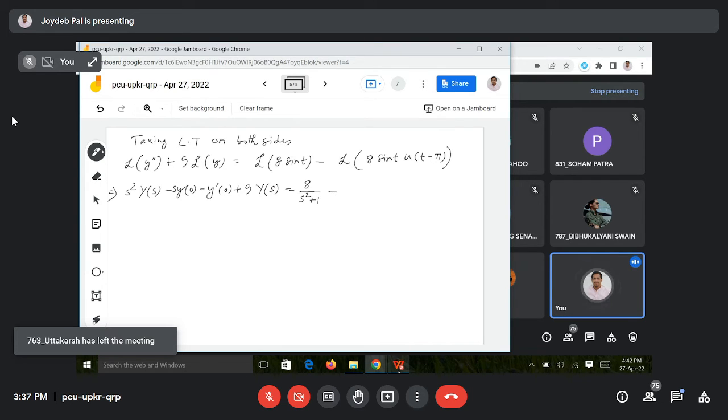So minus e to the power minus pi s times the Laplace transform of f(t plus a). So if f(t) is 8 sin t, it will be 8 sin(t plus pi). Do you get it? Yes, sir. It is f(t plus a), so f(t plus pi).